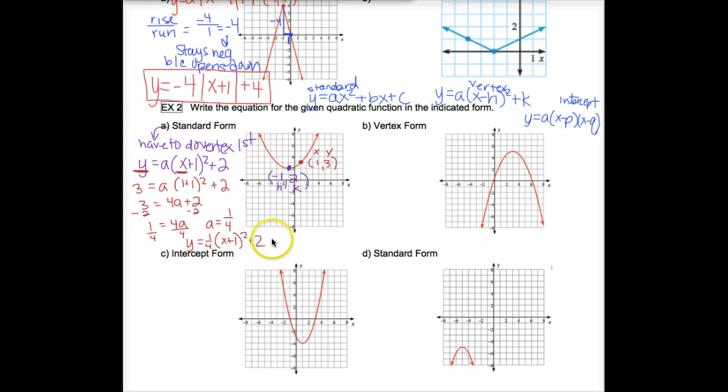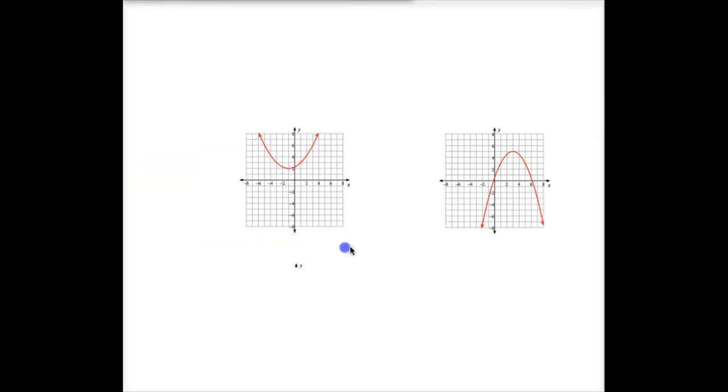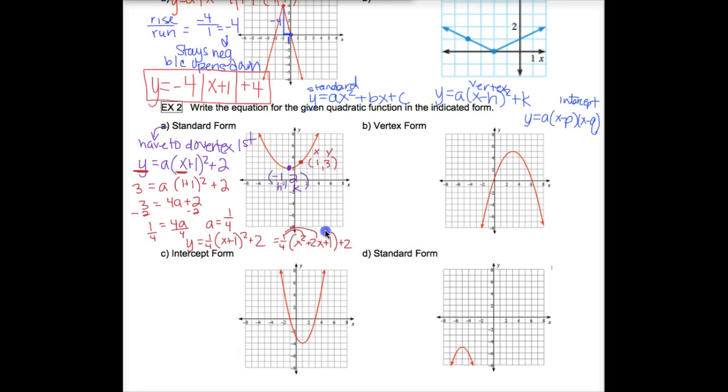So (x plus 1) squared is x squared plus 2x plus 1. So now I need to distribute that 1/4, which is going to give me 1/4 x squared plus 1/2 x plus 1/4, and then don't forget this plus 2 that you had out here.